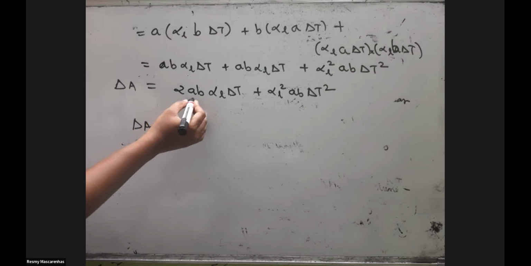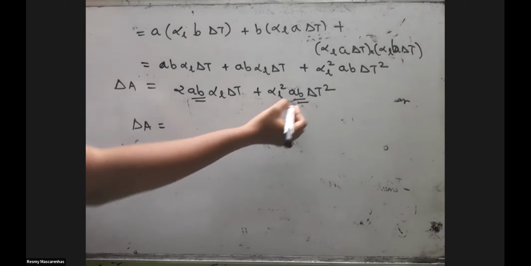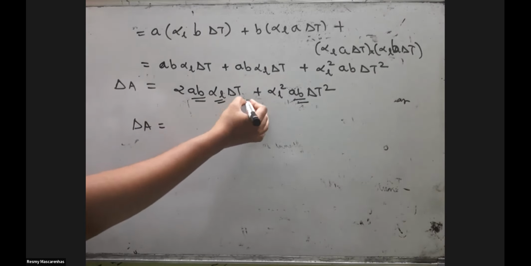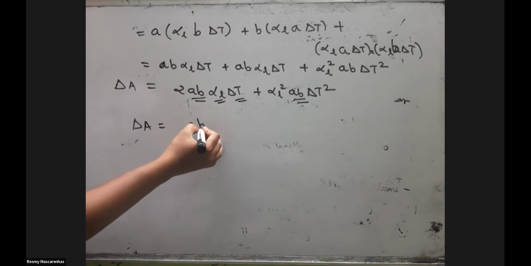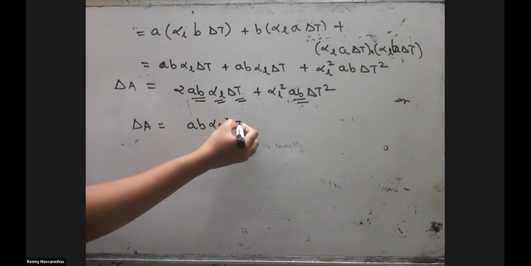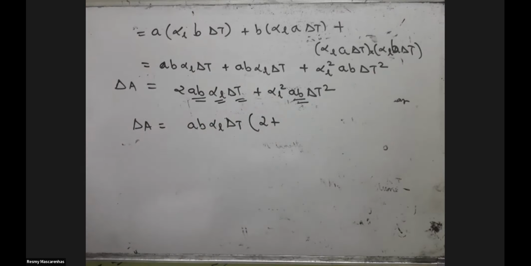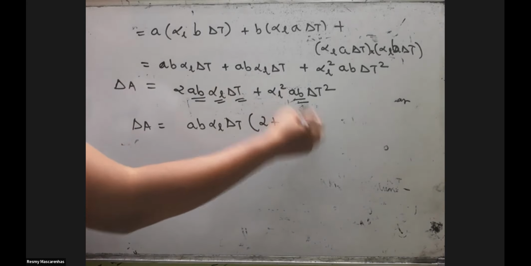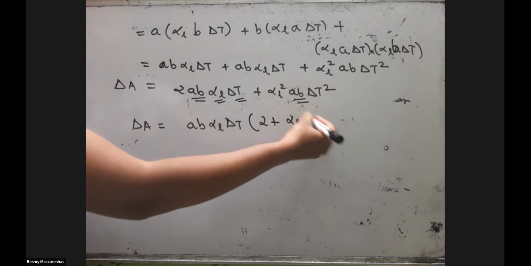What is common here now? AB is common, alpha L is common and delta T is common. So what remains inside is 2 and 1 alpha L will remain, because 1 alpha is gone out, and 1 delta T is left.